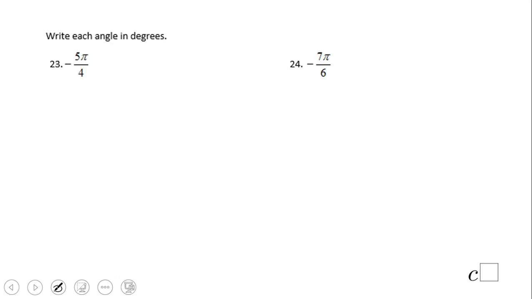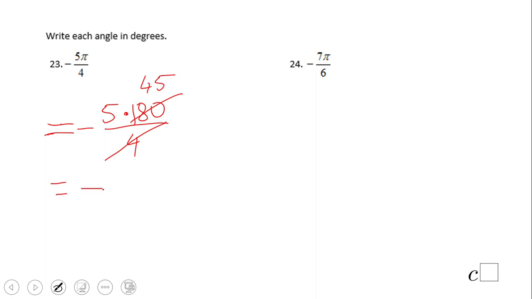What about number 23? Negative 5 times 180 divided by 4. And again, here I suggest you simplify. 4 goes into 180 45 times, and then we have 5 times 45, which is 225 degrees.